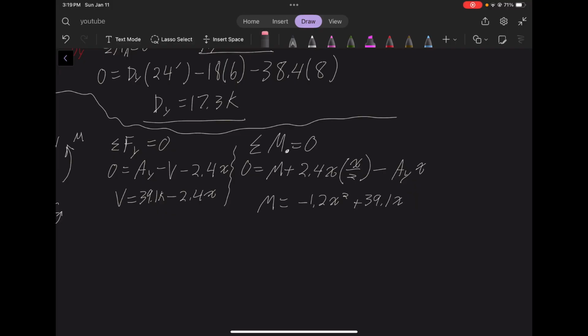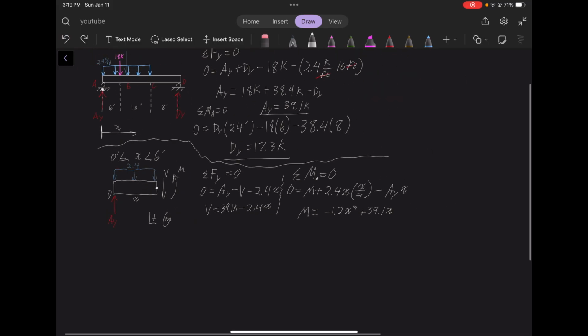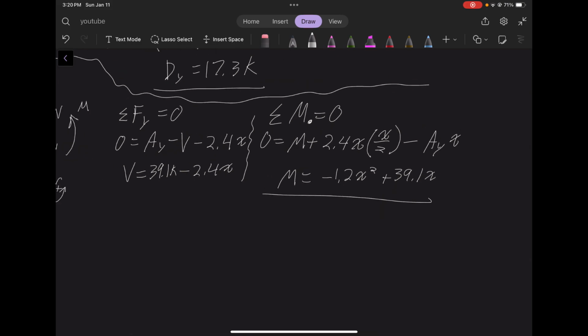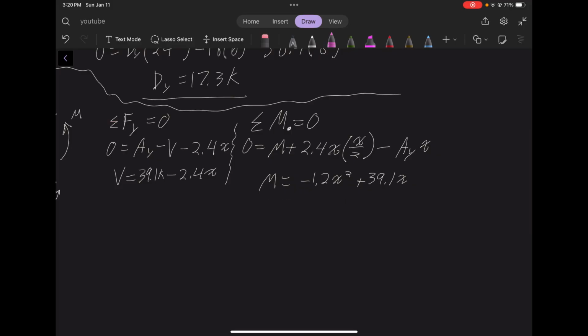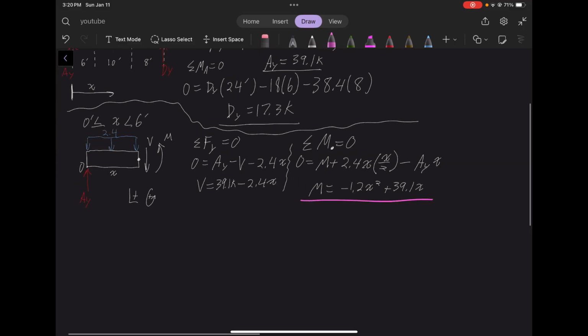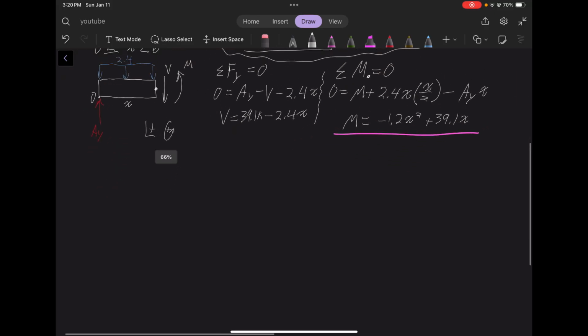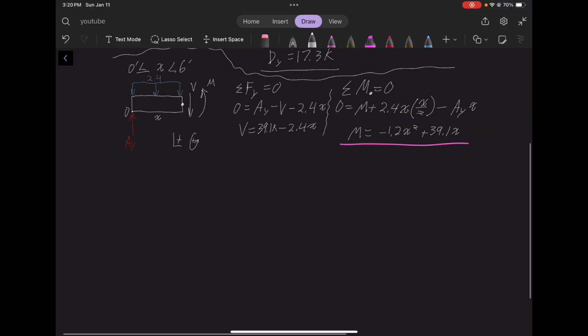I think that's because you're starting at a point in the beam that equals 0. I don't know, I just solved it and didn't really go into the theory behind it all. So this is the moment equation from x equals 0 to x equals 6. I'll underline that in purple. So that's one part.